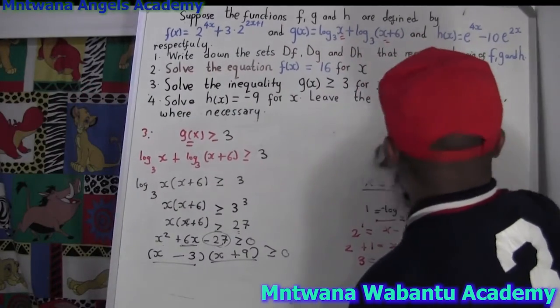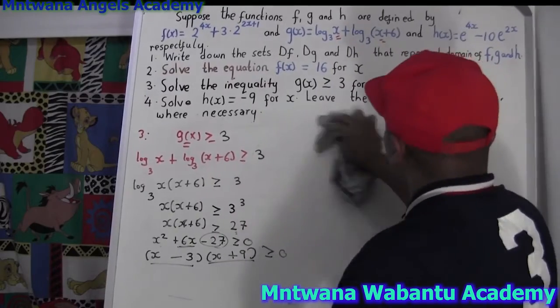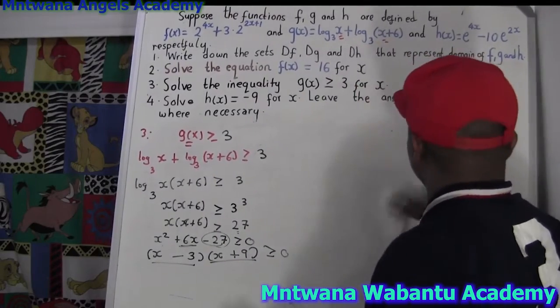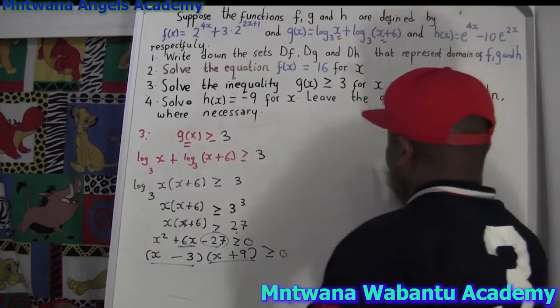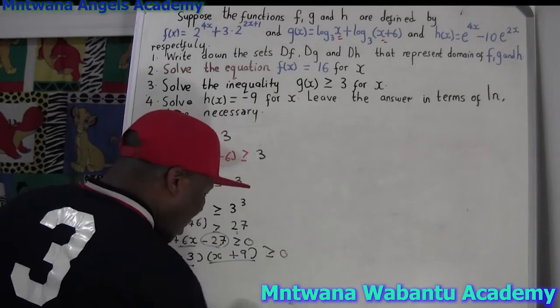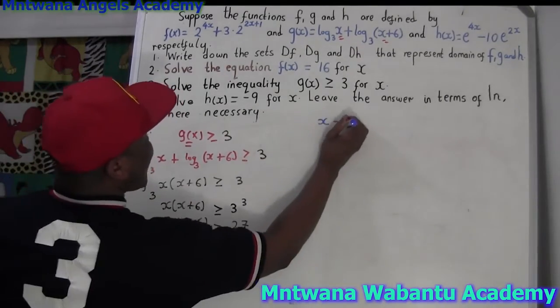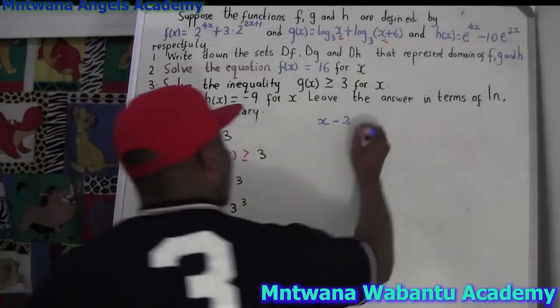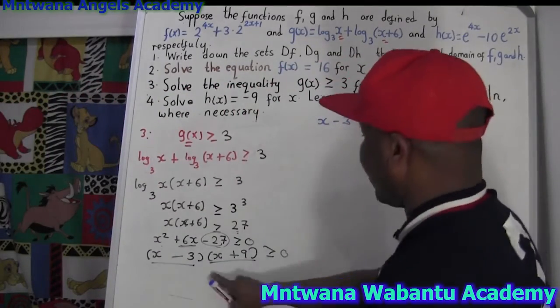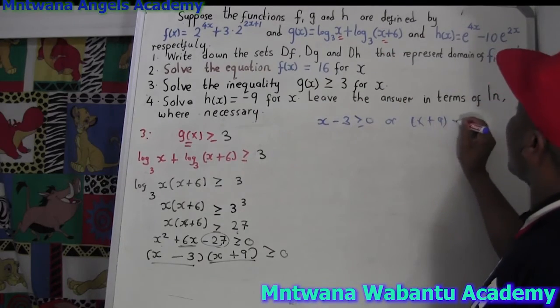Now we're going to do the last one. The last one uses a similar method, just like this one. These questions are easy, guys. So what you gonna do? x minus 3 is greater than or equal to 0, or x plus 9 is greater than or equal to 0.